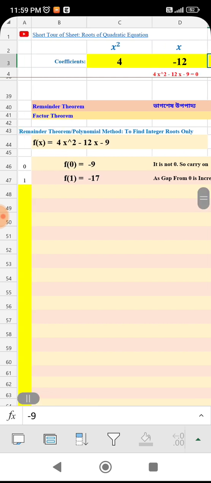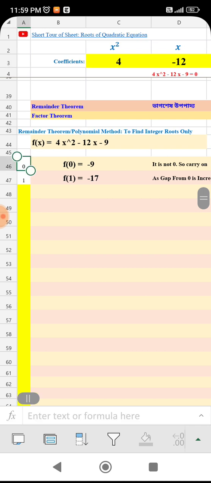First, what do we have to do? We have to calculate the value of f for x equals 0, and check what value is coming. We can calculate it very easily, so the value will be -9.